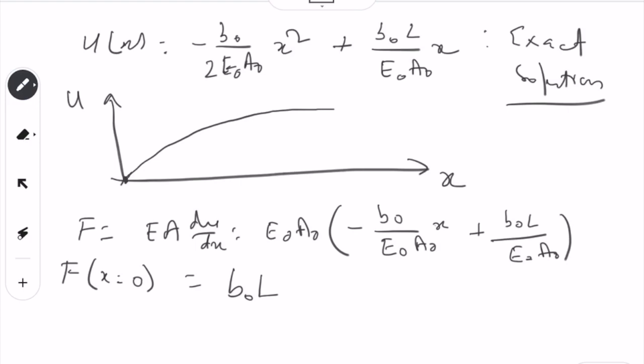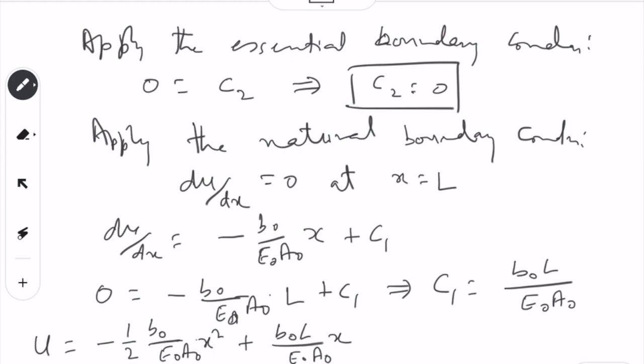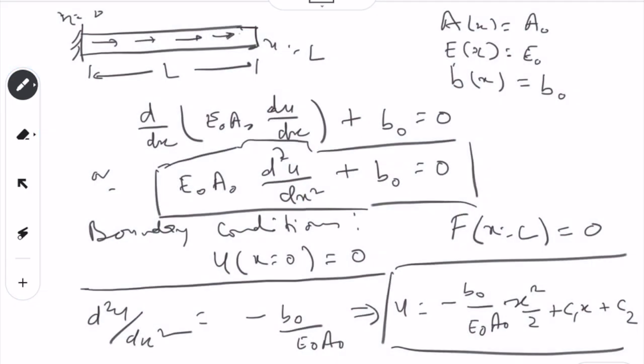However, as I said earlier, the force should be negative. Why is it coming positive? We are getting F equal to E A multiplied by du over dx as a positive number here, but if all the forces are in this direction, we expected the force to be negative, that is, in the negative x direction.